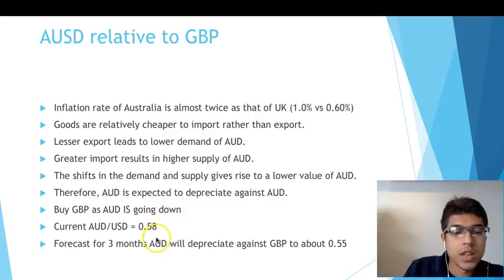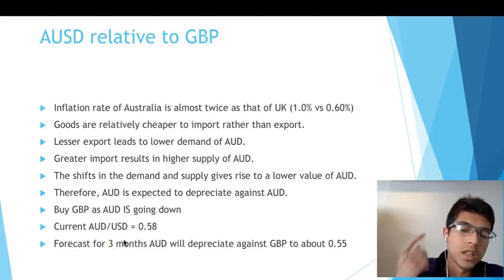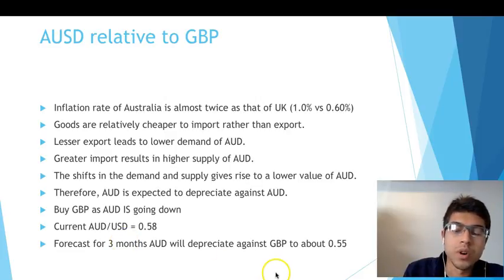It is forecast that the current currency AUD to USD is 0.85, AUD to GBP is 0.858. So the forecast for 3 months is going to decrease to around 0.55.